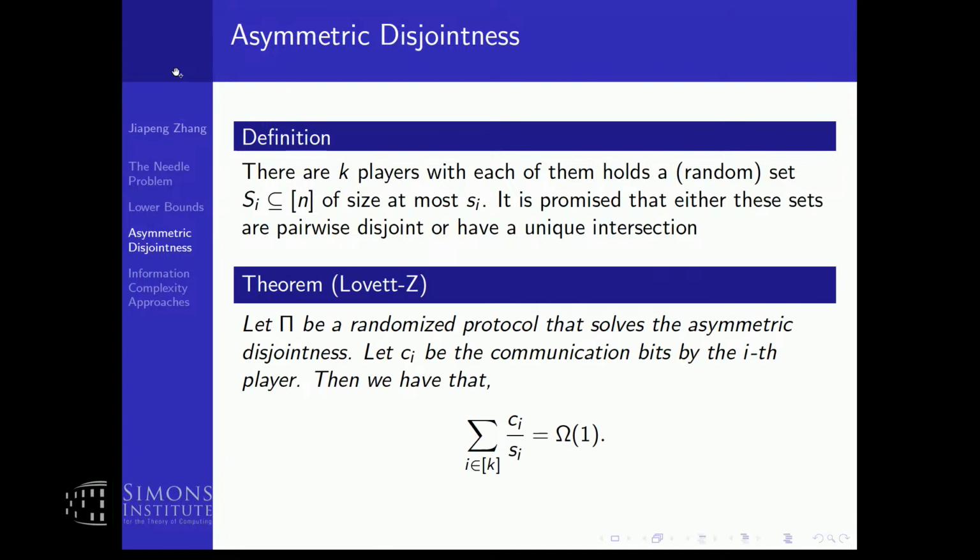This is proved by Shachar and I. We proved that the sharp lower bound for the asymmetric version has the following form: the summation of the i-th party's communication complexity divided by si is equal to omega 1. If you go back to the symmetric version, where all of the SIs have almost the same size, the summation is roughly the size of SI divided by k. So this is the sharp version of the asymmetric disjointness.